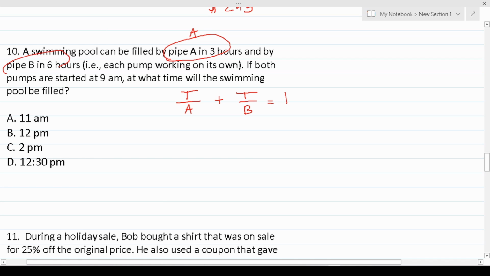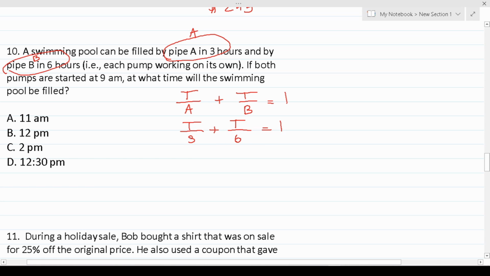So we can let pipe B simply be B. And 1 refers to the task that they're completing together. In this case, it's filling up the swimming pool. So with those things identified, let's plug them in accordingly. We have T over 3 hours, plus T over 6 hours, and they complete the filling up of one swimming pool.